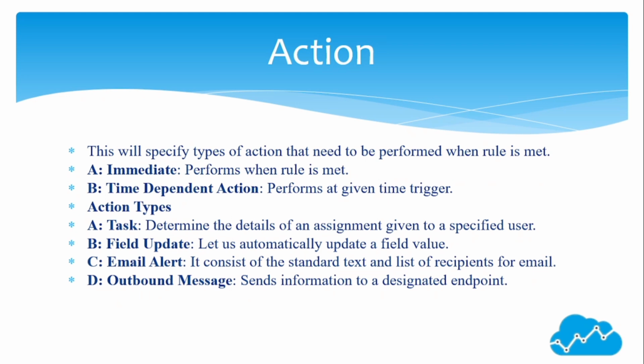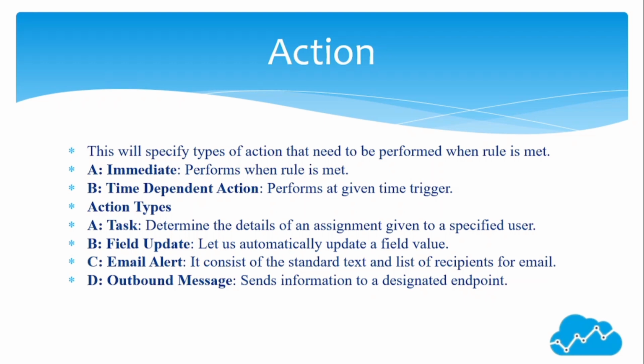Action will specify the types of action that need to be performed when the rule is met. Immediate actions perform when the rule is met. Time-dependent actions perform at a given time trigger.